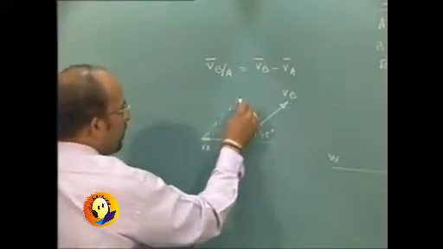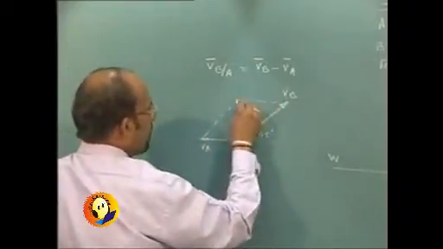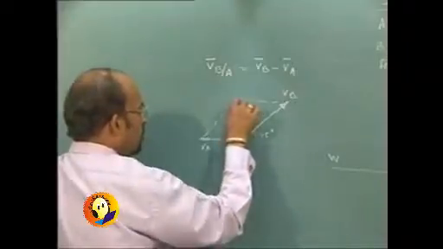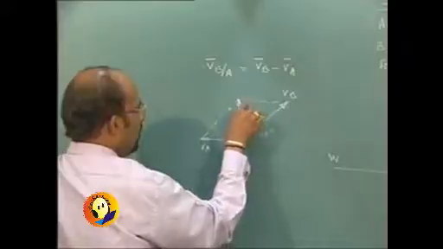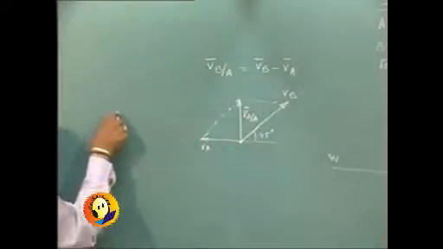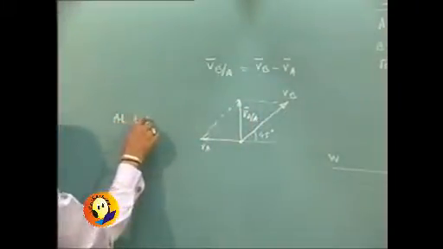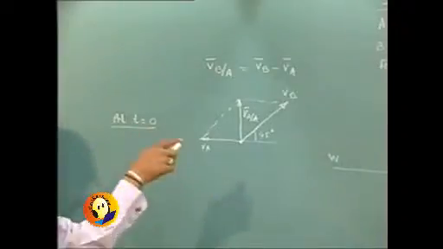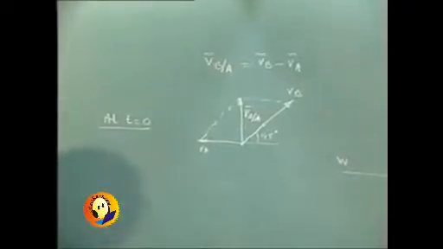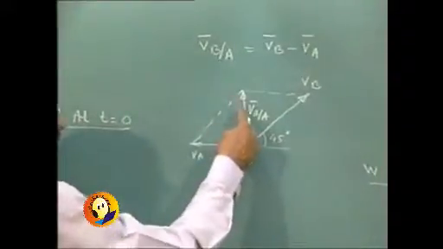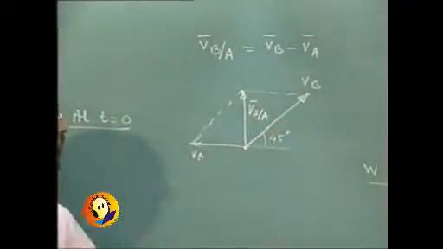This will be the velocity of B with respect to A. But this is the consideration at t equal to 0, at the moment when they are at point O. You will find that plane B is not moving towards northeast if you are in plane A.